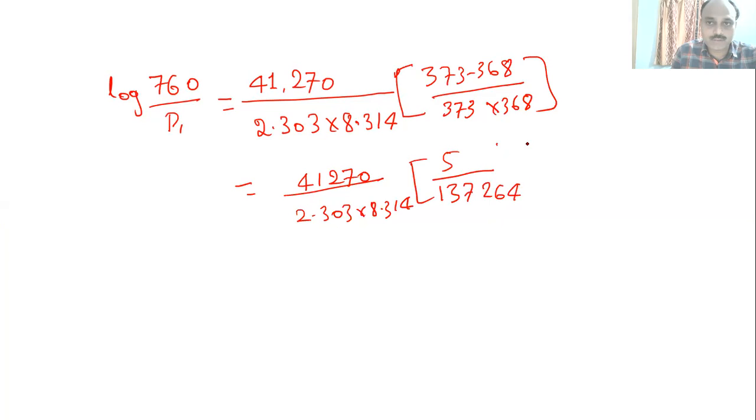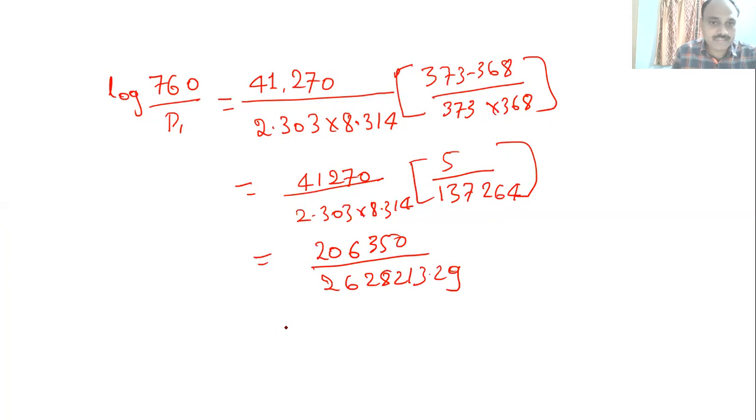If I multiply these two, 373 into 368, and further multiply all these numerator quantities and denominator quantities, what you will get? 206350 divided by 2628 213.29, which is equal to 0.07851. Right? What is this? This is log of 760 divided by P1.